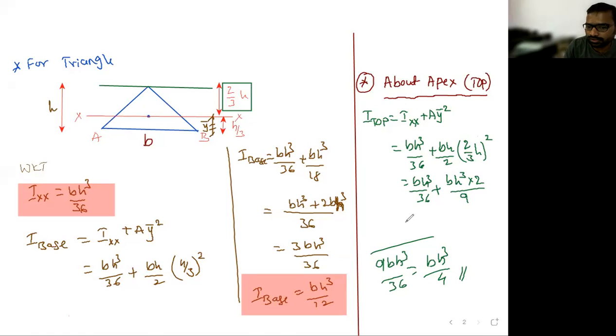So I will take LCM as 36. So it is bh cube plus 4 times, 4 into 2, 8 times of bh cube. So 8 bh cube plus bh cube, 9 bh cube divided by 36. That is equal to bh cube by 36. Very good. Is it understood, everyone?